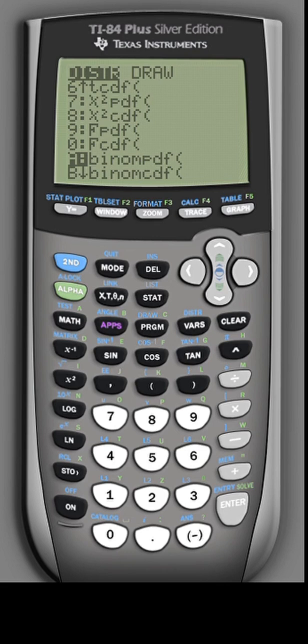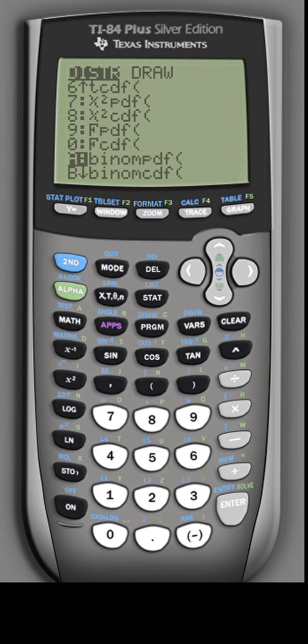The binomial PDF computes a probability at x for the discrete binomial distribution with the specified number of trials and probability of success p on each trial. X can be entered or a list of integers.